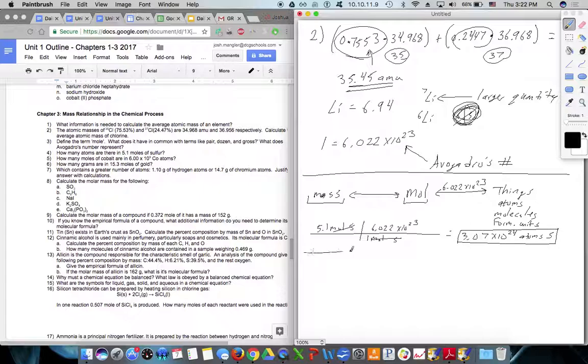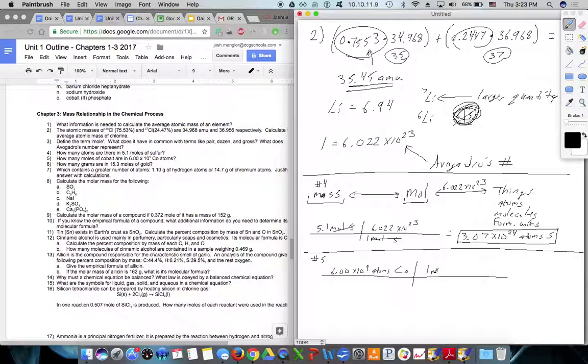All right. Let's do one more before we get a new page. So this is number 4. Here's number 5. We have 6.00 times 10 to the 19th atoms of cobalt. Looking for moles. So we're just going to go backwards.